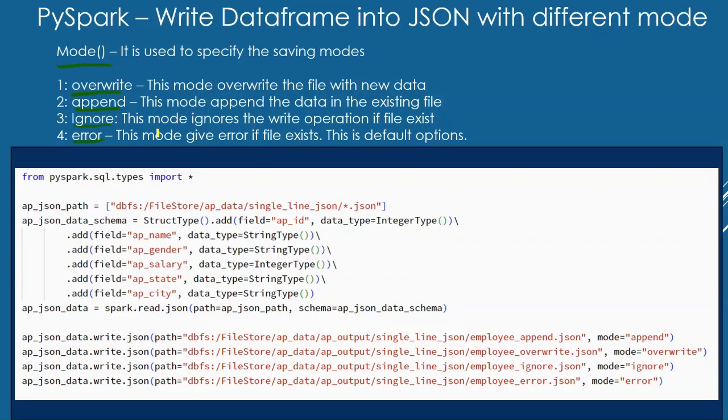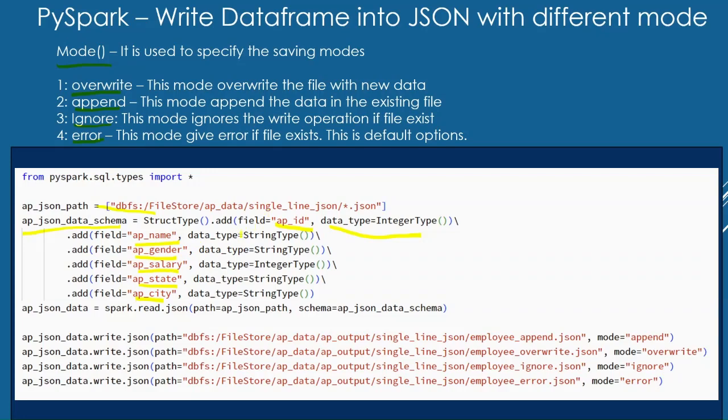How are we going to do this exercise? We are going to do this exercise by reading one JSON file with the help of a custom schema. This schema has columns and we are defining the data types: AP ID, AP name, AP gender, AP salary, AP state, and AP city.